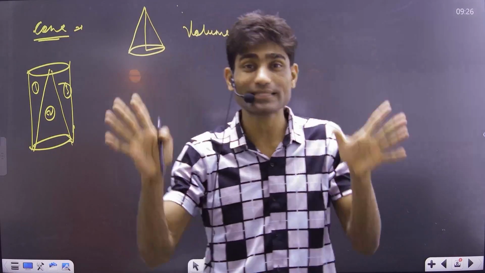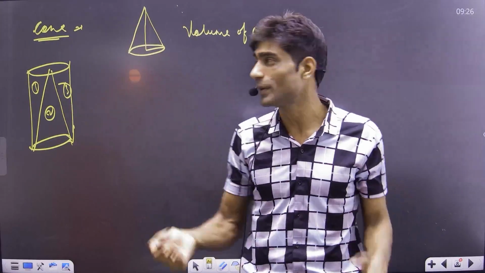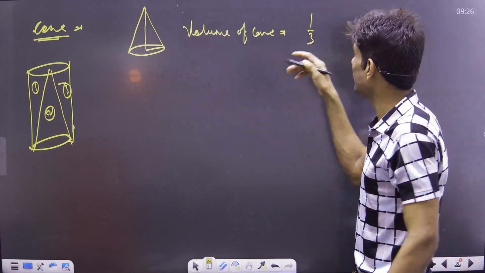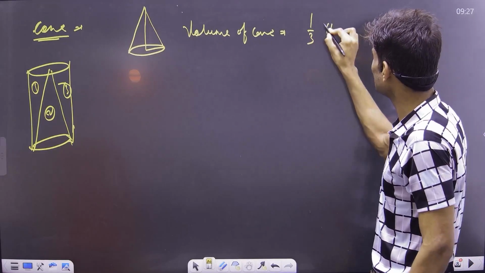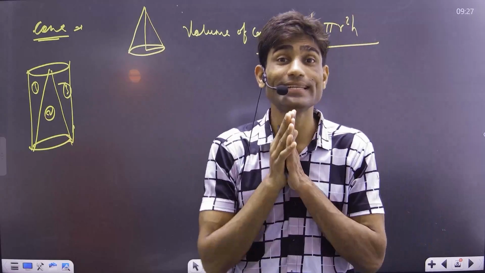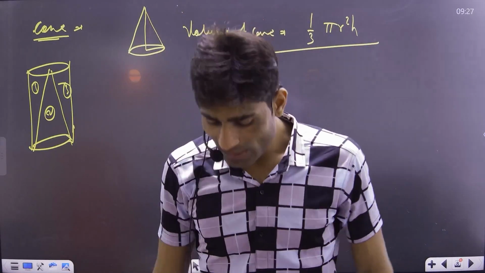Basically, I take 3 equal parts of our cylinder, and we get 3 different cones. The volume of a cylinder is pi r square h, and the volume of a cone is 1/3 pi r square h, which is the third part of that cylinder. See how easy it is to remember the volume of a cone.